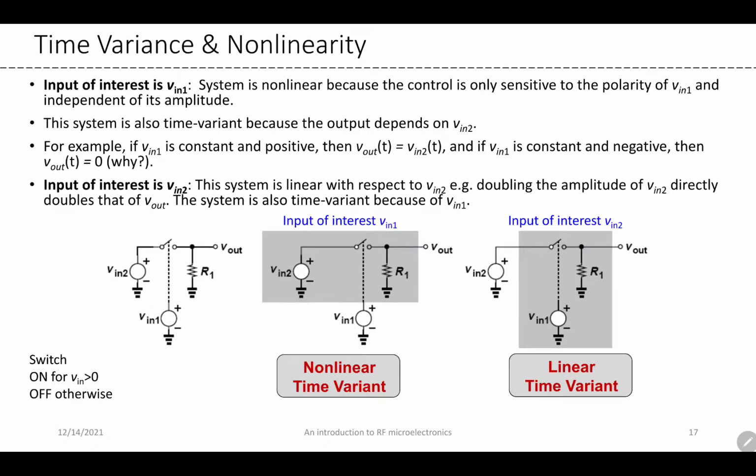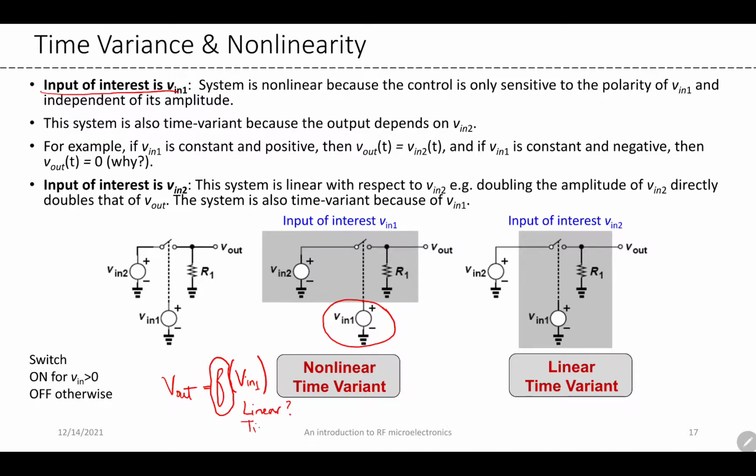Okay, now let's assume that the input of interest is v in 1. That is, we are looking at how v out, if v out is f of v in 1, then what kind of a function would f be? Would f be linear?